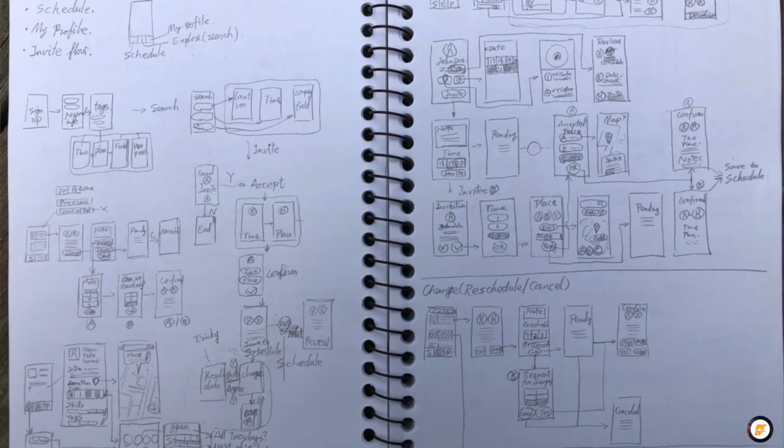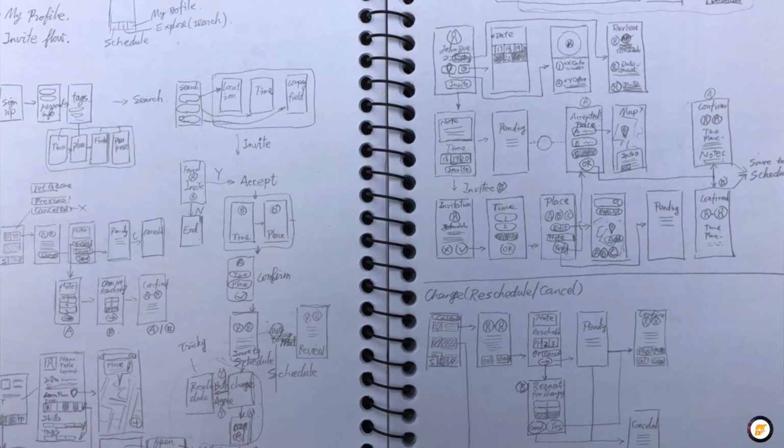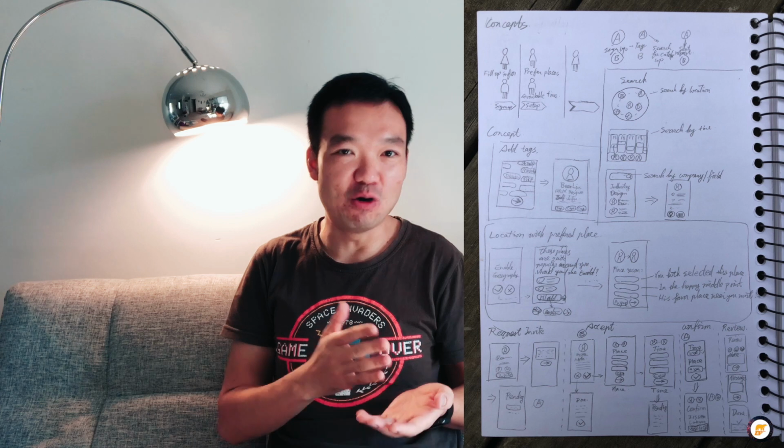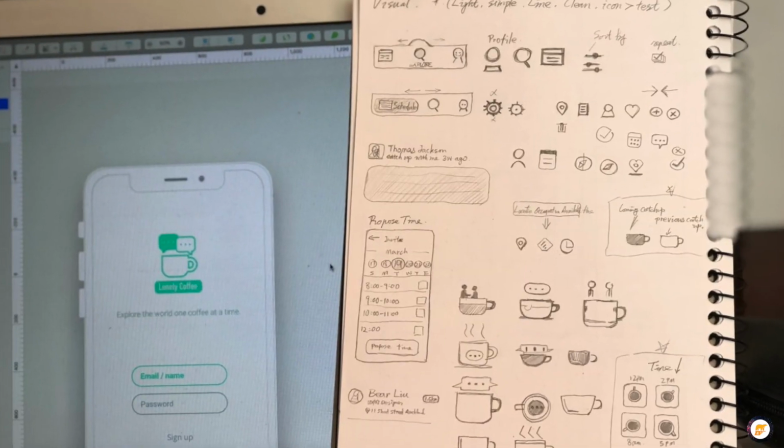I deconstructed the whole solution into many individual steps and worked on the solution for each step. While working on the concepts, I also started to think about the user flow of the product. My goal was to build an MVP, minimum viable product, to get feedback from real users as soon as possible.